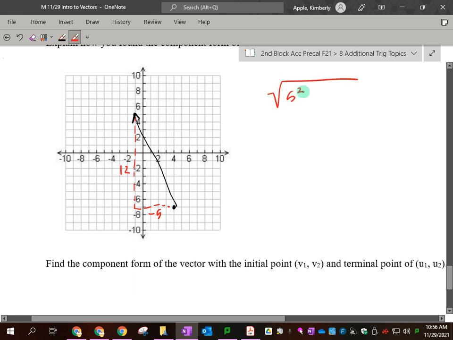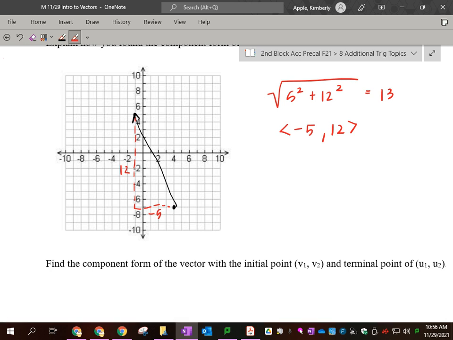Well, it's 5 squared plus 12 squared, which will be 13. So the magnitude of the vector is 13. And check it out, the component form is <-5, 12>. 5, 12, 13 is a Pythagorean triple. Well, you can plug that in your calculator and you'll get the same thing.